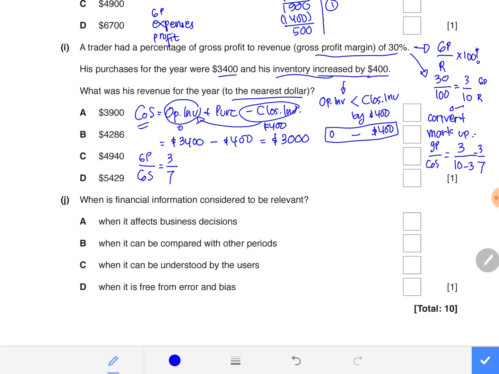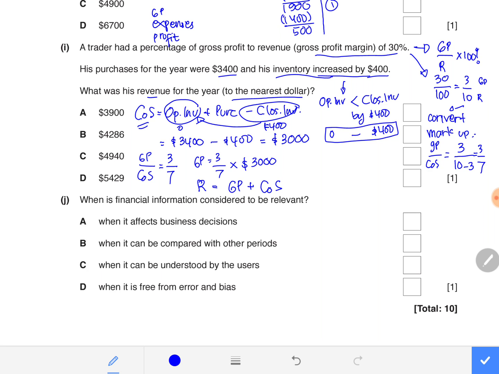Now you are required to find revenue. To find gross profit, 3/7 times 3,000. That's your gross profit. After you have the gross profit, you find revenue as gross profit plus cost of sales.